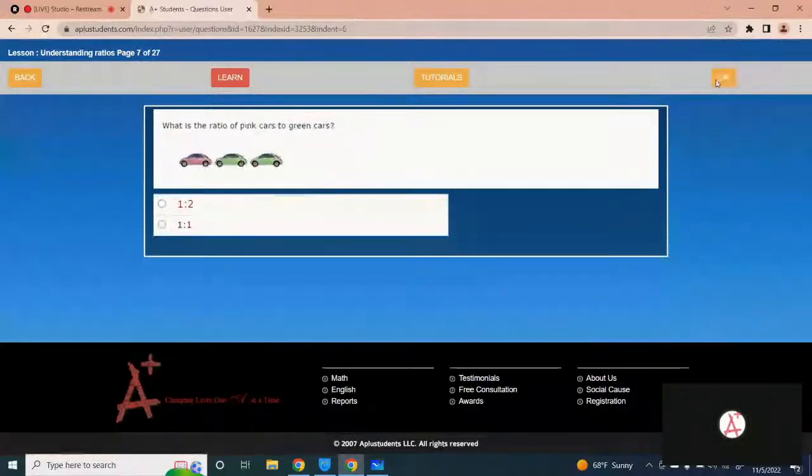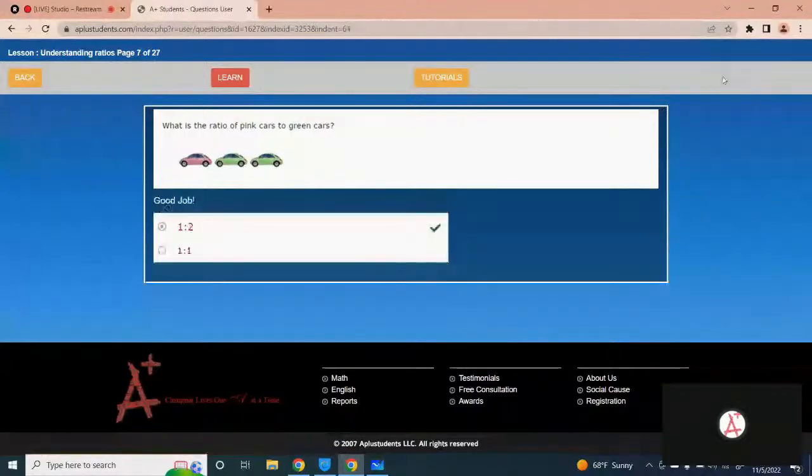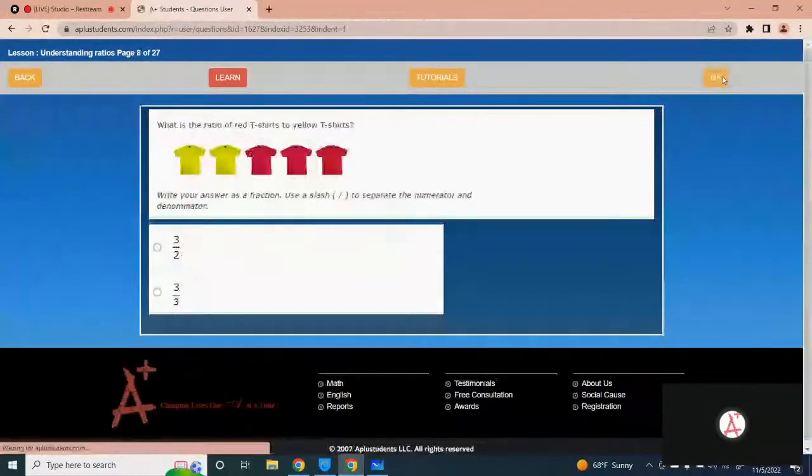What is the ratio of the pink cars to green? Yes, it is 1:2. One of them is pink and two of them are green. So it is 1:2. Got it? Just select the correct option and click on the OK button. What is the ratio of red t-shirts to yellow t-shirts?